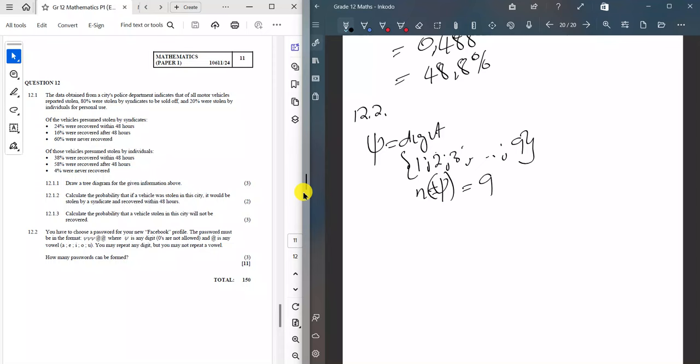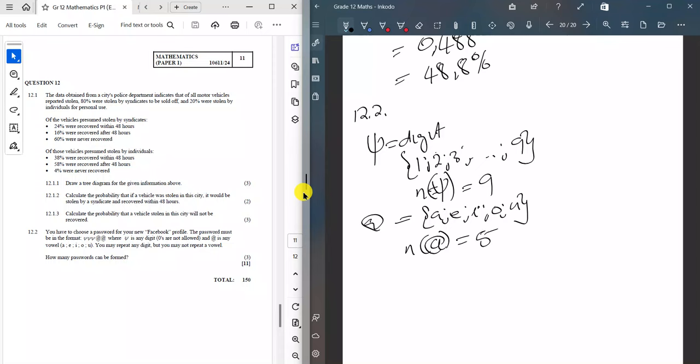And then the at is any vowel, so this is a vowel: A, E, I, O, U. The number of these is 5.